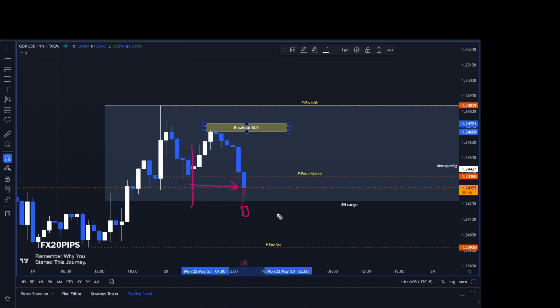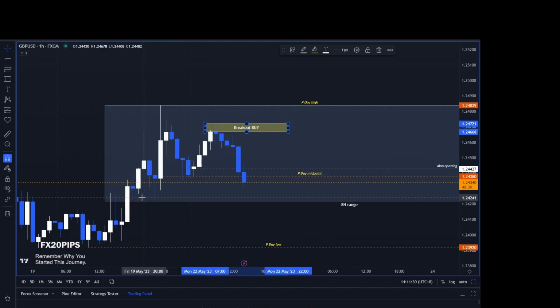You might want to wait until London open and see how it goes, or you can trust yesterday's low level based on these two. You can put this here too, and then draw the box. Let's try out the different options and see which one you prefer with a gut feeling, right?